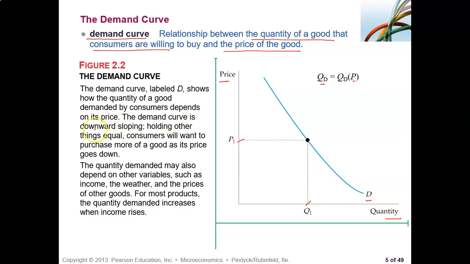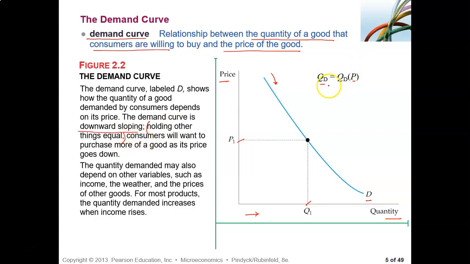The demand curve is downward sloping, so it goes down as we move from the origin to the right, holding other things equal. Remember ceteris paribus: this holding other things equal is the ceteris paribus assumption.